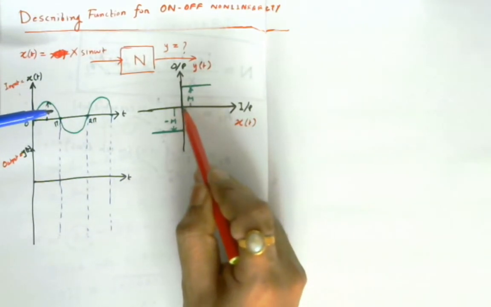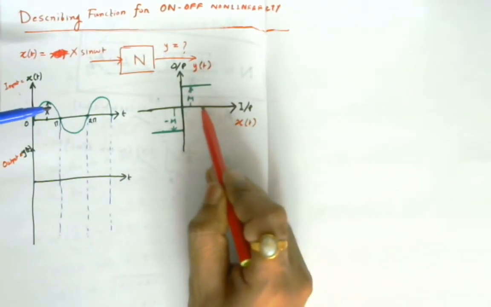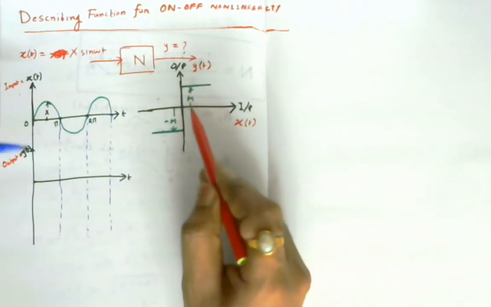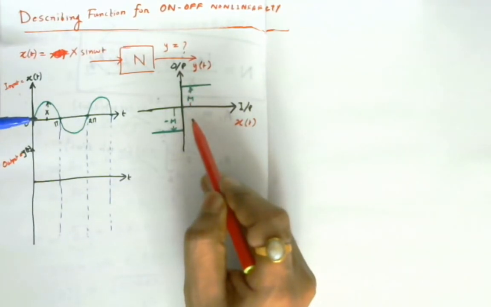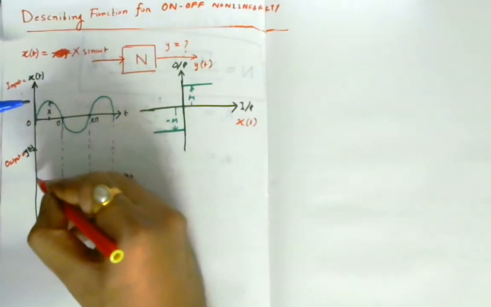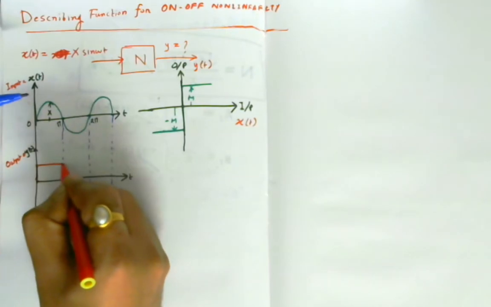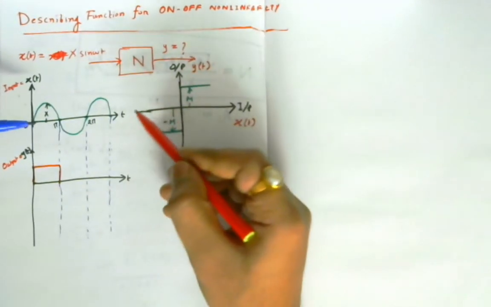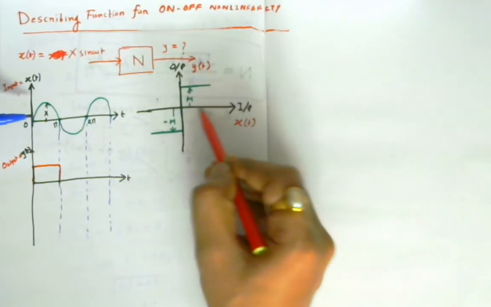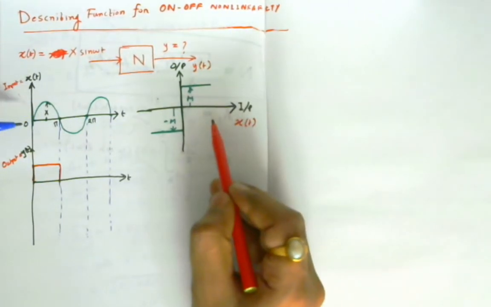Now as long as, along the characteristics curve, the xt is greater than 0, the output is on. So since the input waveform, which is xt, is positive for a whole positive cycle, we can say that the output waveform is just m, stays m as long as it is positive.